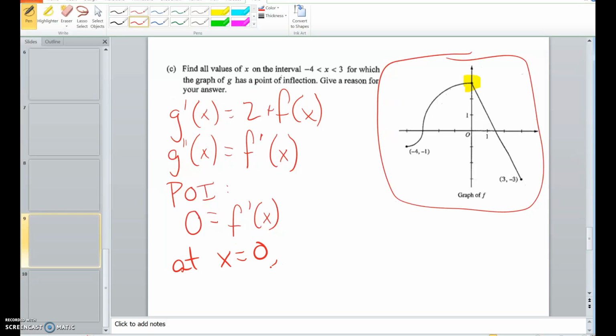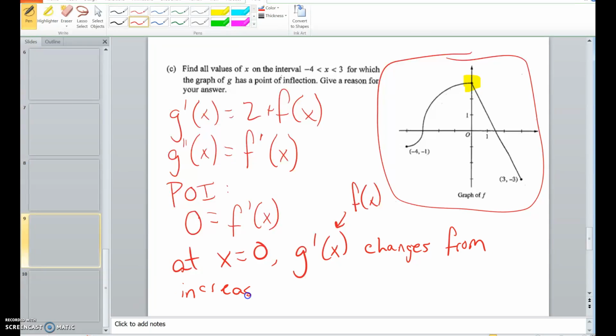So at x equals 0, g prime of x, which is f, changes from increasing to decreasing.